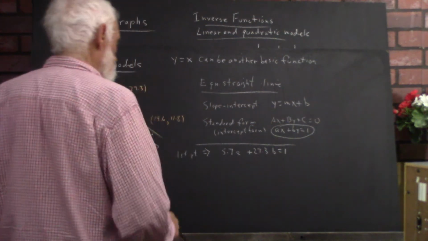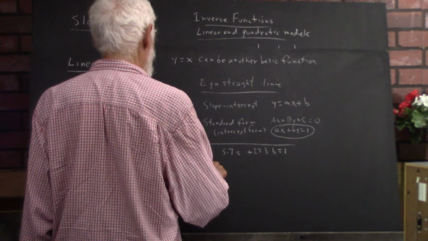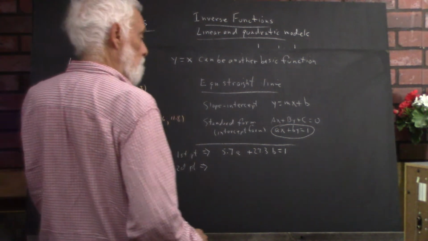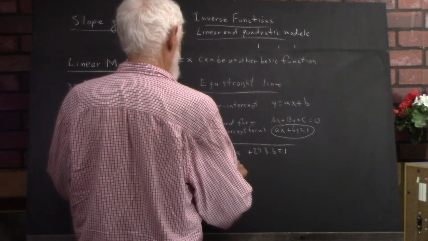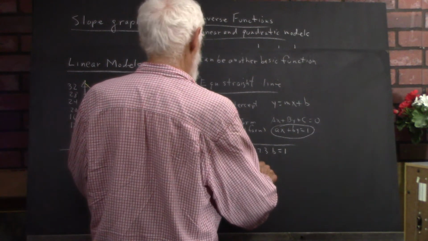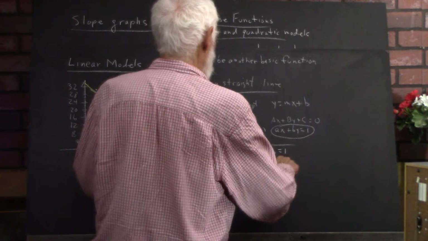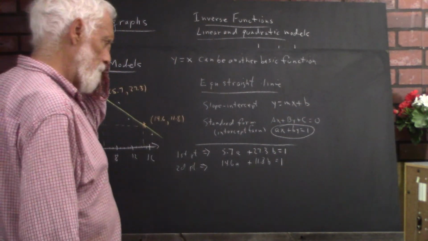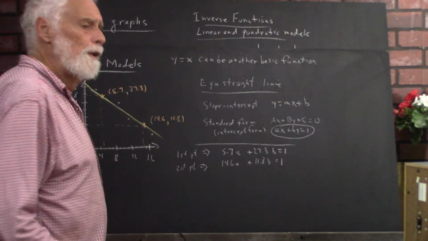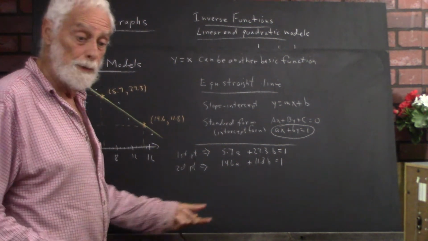Okay, and the second point, well, 14.6 is the X coordinate, so I'm going to get 14.6A plus 11.8B equals 1. Now there are different ways to solve the equation, and hopefully you've solved simultaneous equations.